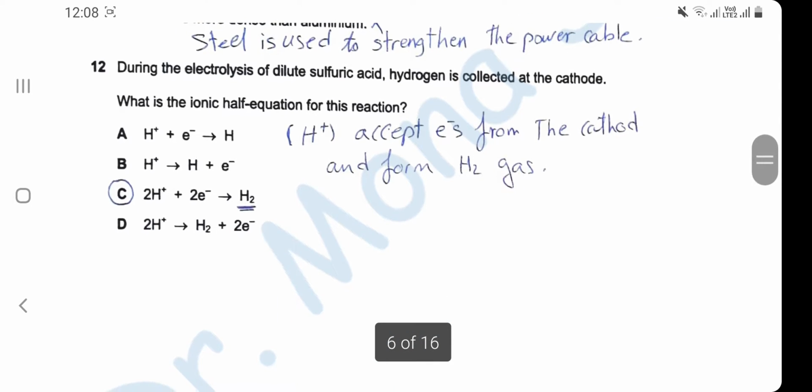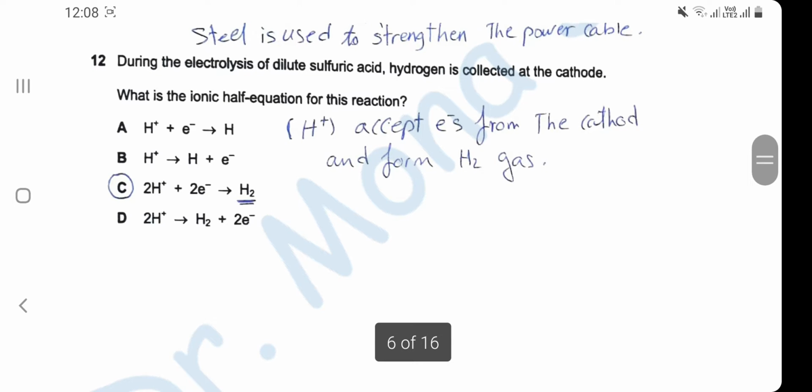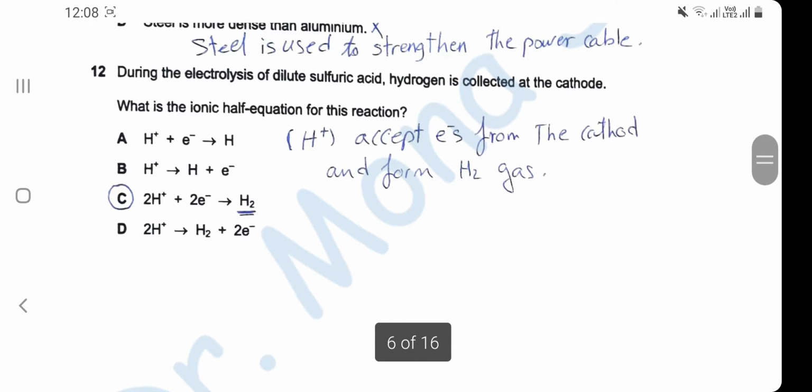During electrolysis of dilute sulfuric acid, hydrogen is collected at the cathode. Write the ionic half equation for this reaction. Hydrogen positive ions, protons, will accept one electron from the cathode, and each proton will accept one electron. So we need two protons to form H2 gas.